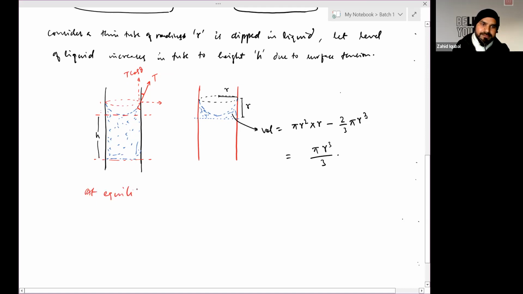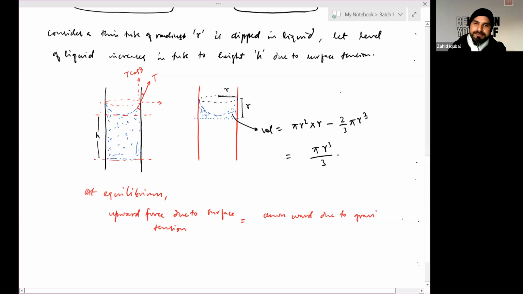So at equilibrium, total upward force due to surface tension must be equal to downward force due to gravity.